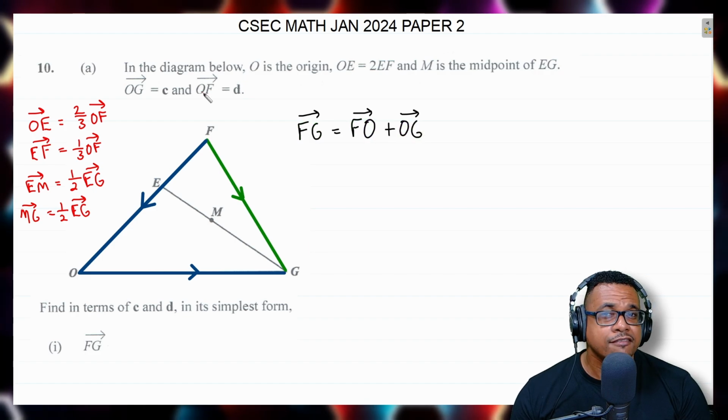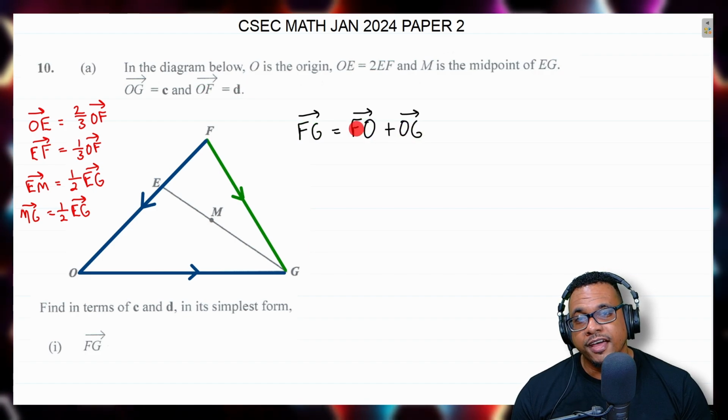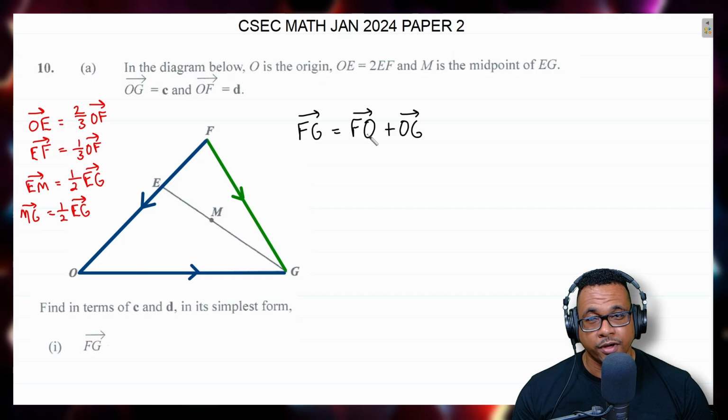So now we have O to F is D. Therefore, F to O will be negative OF.